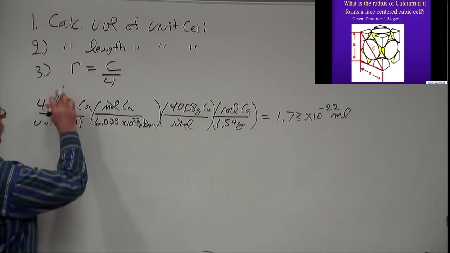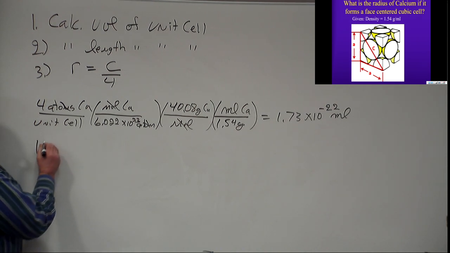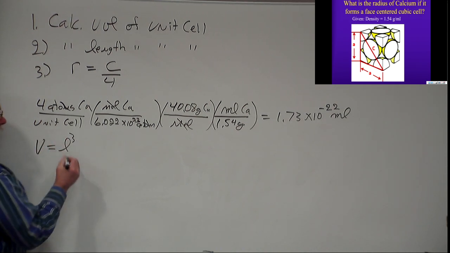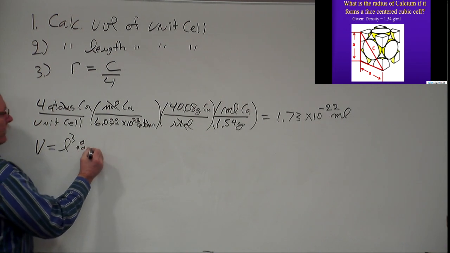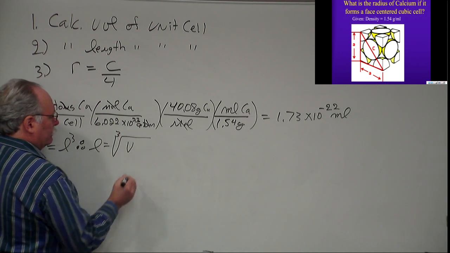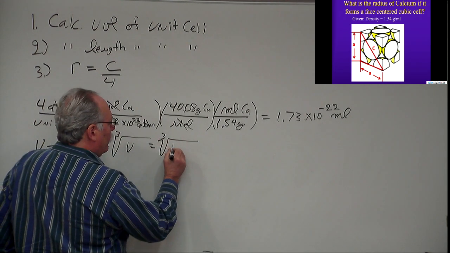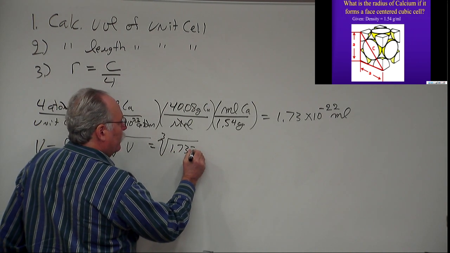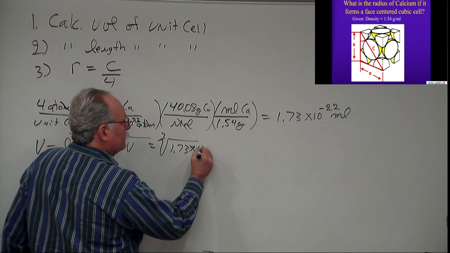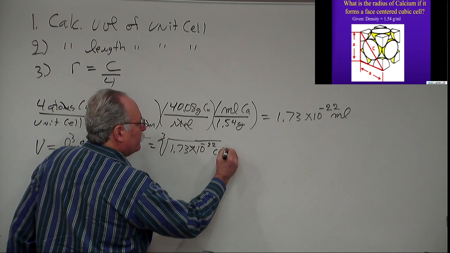And so I can now say that for a cubic cell, the volume is equal to the length cubed. Therefore, the length is equal to the cube root of the volume, which is equal to the cube root of 1.73 times 10 to the minus 22, and I'm going to write this as centimeters cubed.